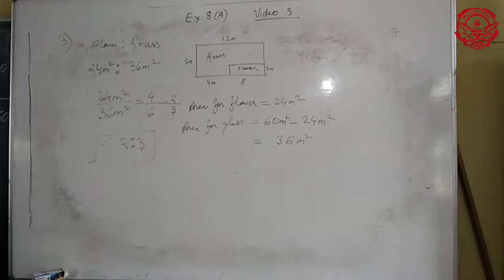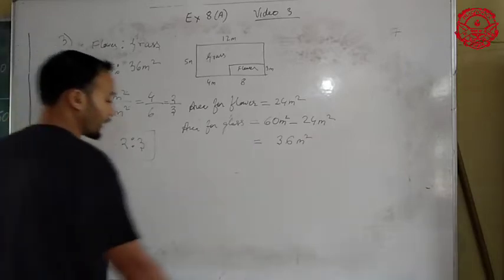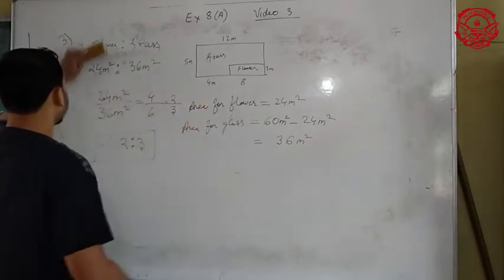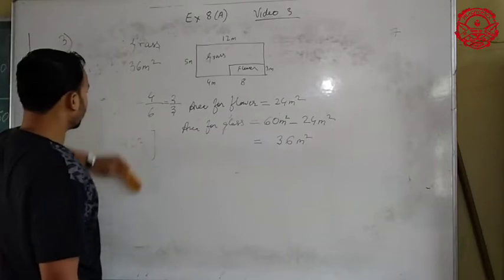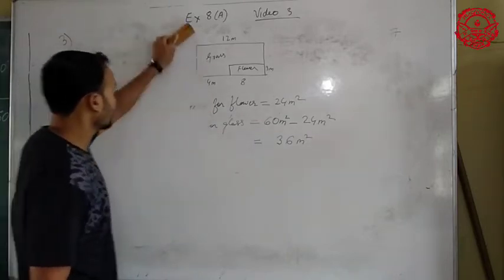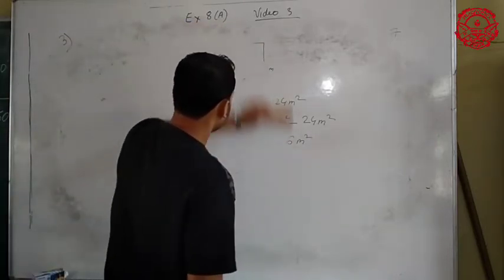You see, question number 4 is the ratio of length and breadth of a rectangle. There is a particular rectangle. We need to calculate the ratio of length and breadth.